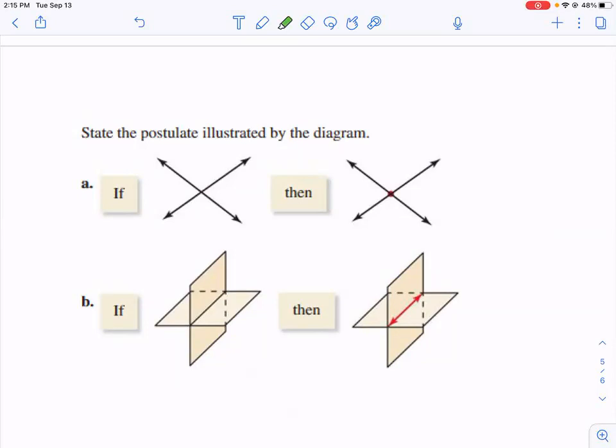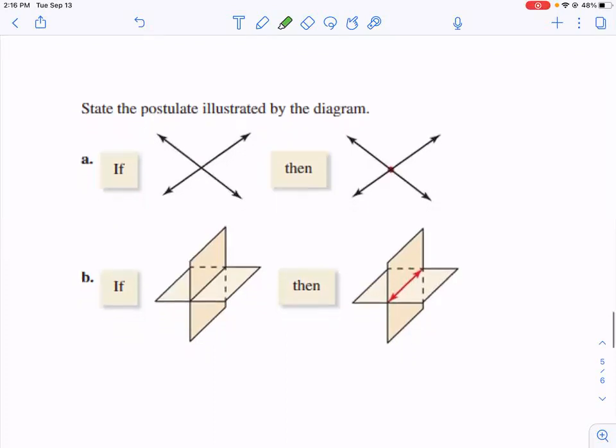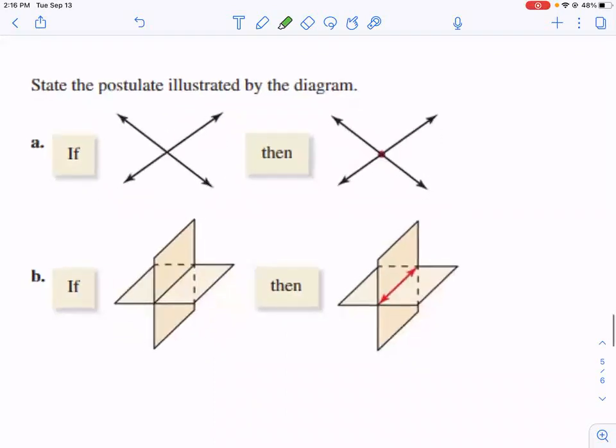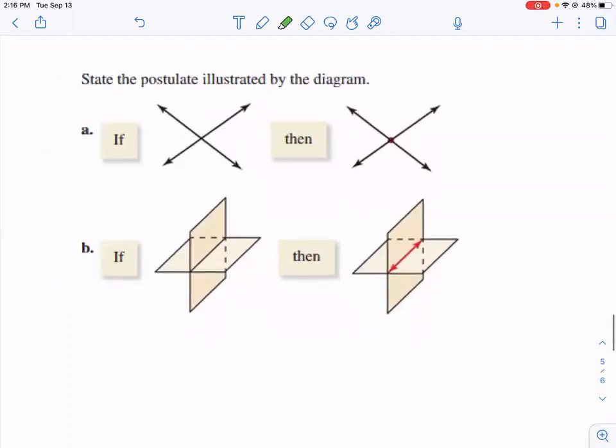We don't need to write it in if-then. Just write the name of the postulate. Right here. You'll know them. We'll use them a lot. Okay.